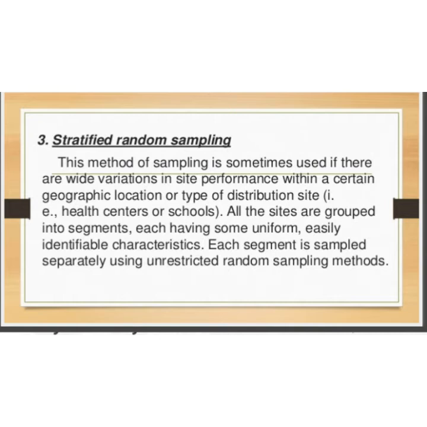All the sites are grouped into segments, each having some uniform, easily identifiable characteristics. Each segment is sampled separately using unrestricted random sampling methods. So this is what stratified sampling actually is.